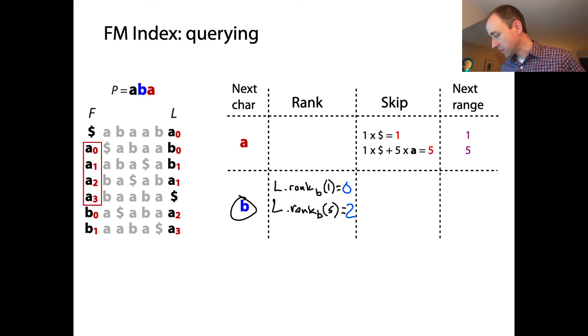So now I need to calculate the skip required to get to the B section. I'm going to have to skip over the $ sign and 4 A's, so 5. So what's my next range going to be? It's going to be 0 and 2 plus 5, which equals 5 and 7.